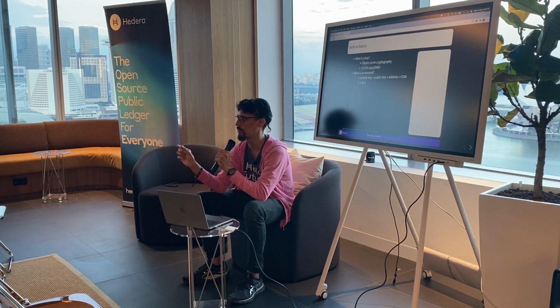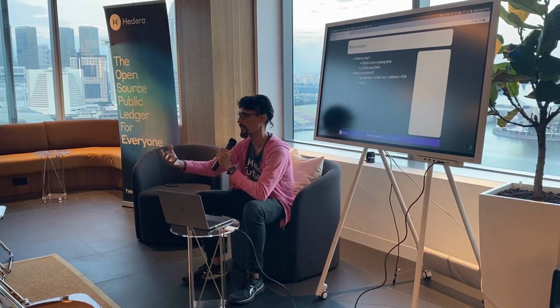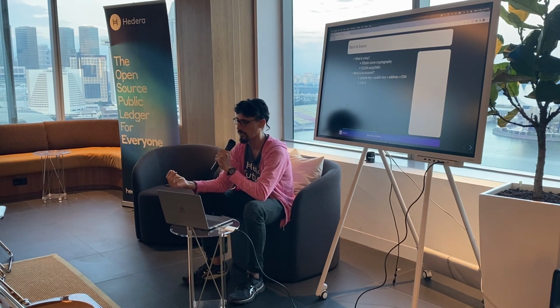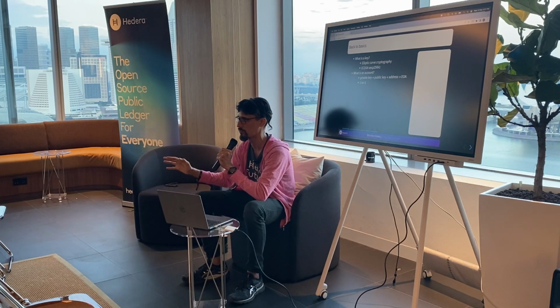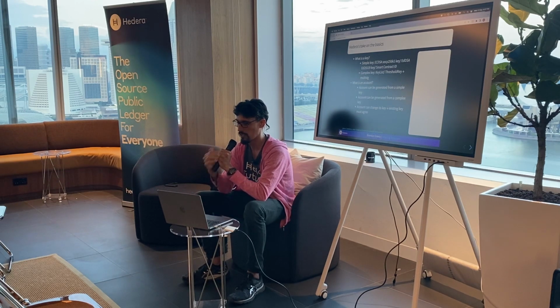When you have that one-to-one relationship and it's baked into how the implementation is done, it prevents account abstraction from happening, because that private key always corresponds to the public key, and there's no two ways about it. That's the crux of what we'll be talking about today.